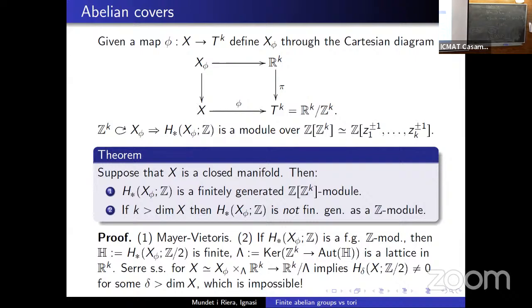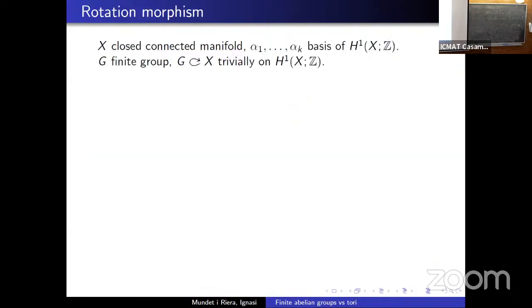And then the second page of Serre's spectral sequence is a sort of rectangle like this, and choosing the size of the rectangle appropriately, this element here is going to be different from 0, and of course all differentials are going to vanish, and this element will not be killed by any other element, so this is going to survive. And then this leads to a contradiction with the fact that the homology of X vanishes in dimensions bigger than the dimension of X.